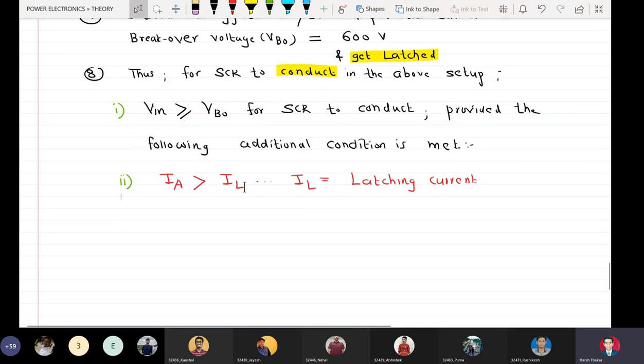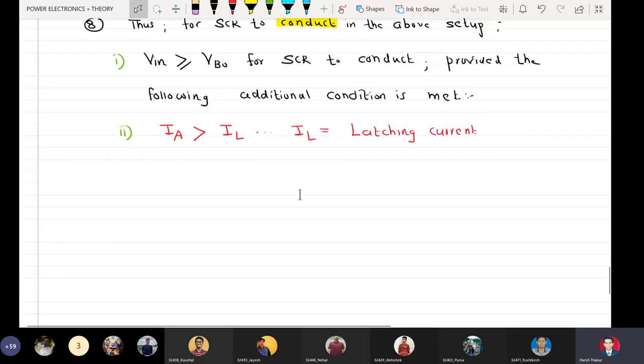So if the external circuit or the load does not allow the device current, or the current flowing through the SCR, to exceed a critical value called latching current, SCR will not get latched. SCR is called a latching device.